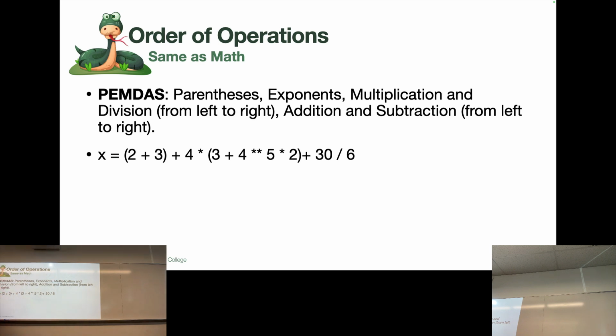I can force things to be calculated in different orders by using parentheses. I could do this to make sure that that gets done first. It would probably get done first anyway because it's multiplication, but I can use parentheses to my advantage.